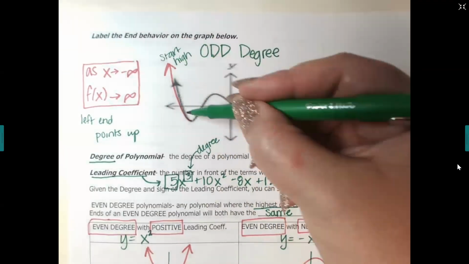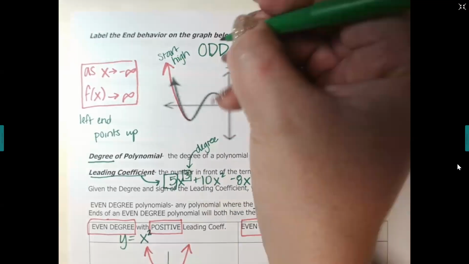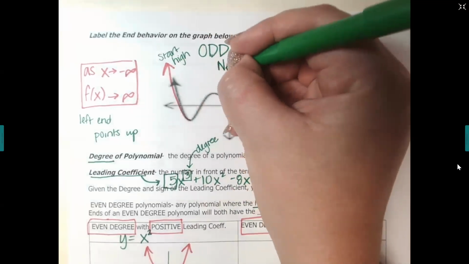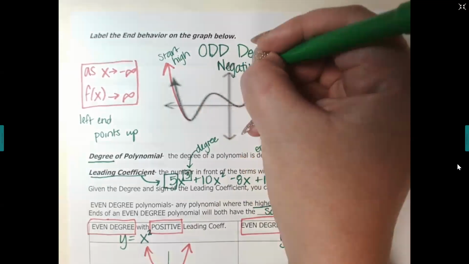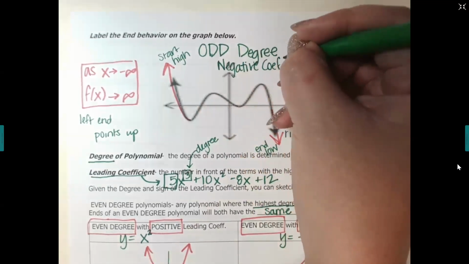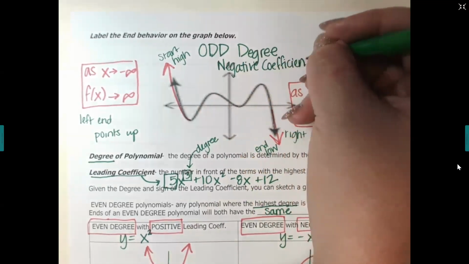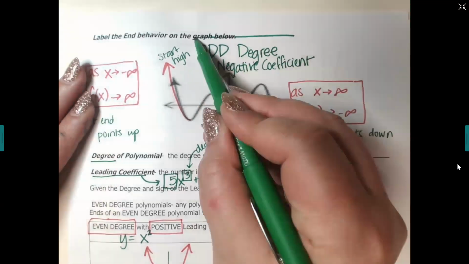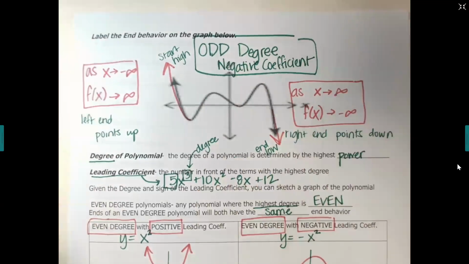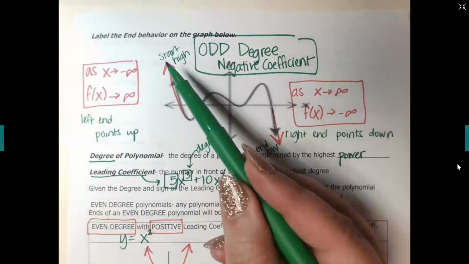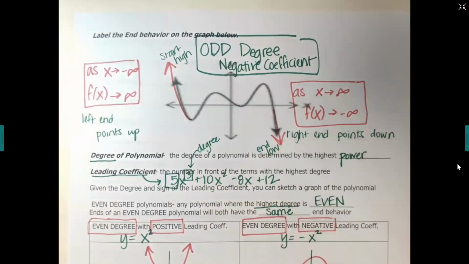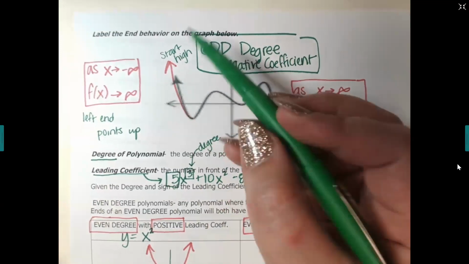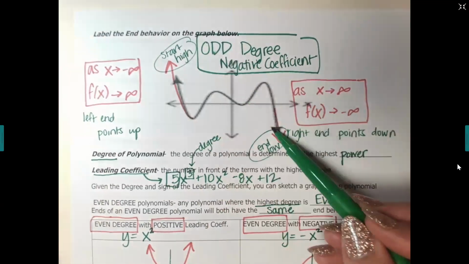If it starts high and ends low, that is a negative coefficient. So that would be odd degree because the ends go apart, negative coefficient because it starts at the top and eventually makes it down on the other end. So it was a start high, end low.